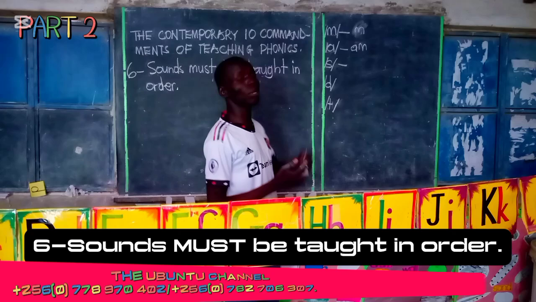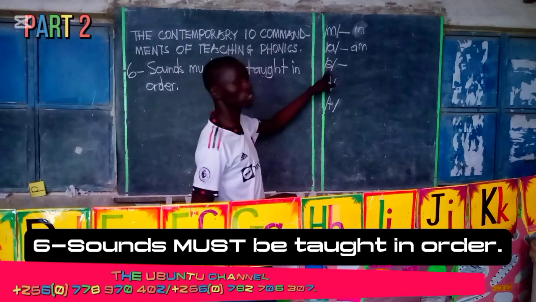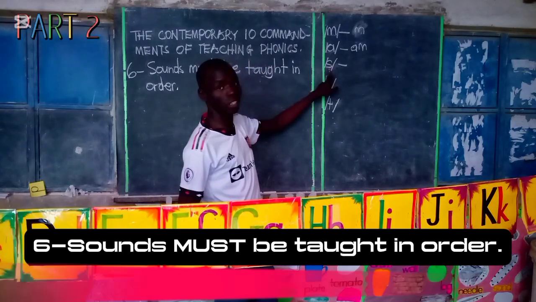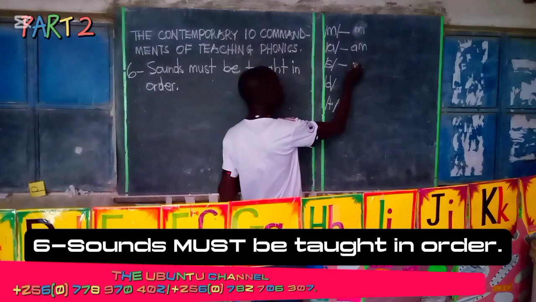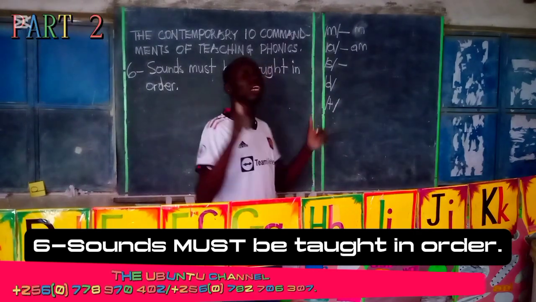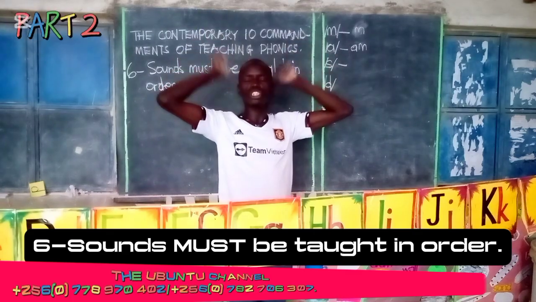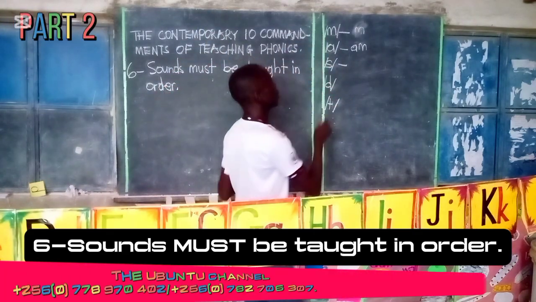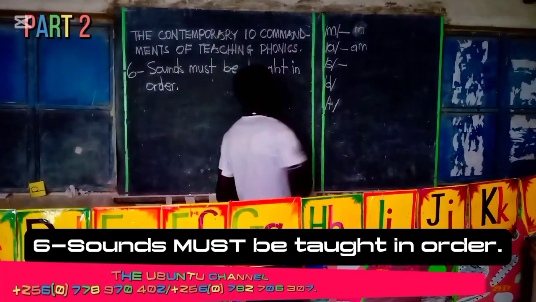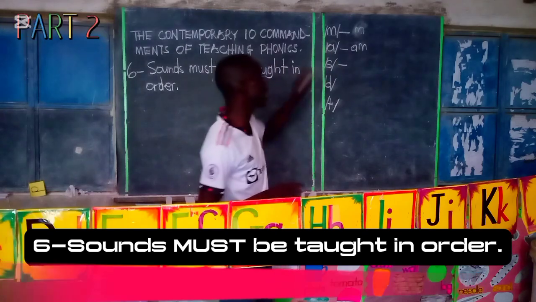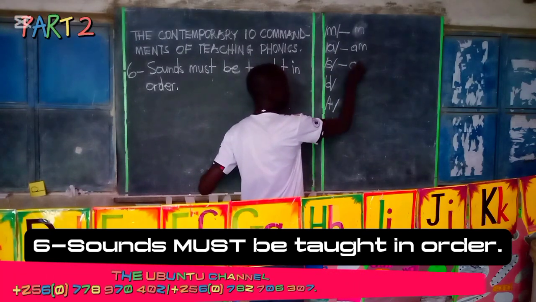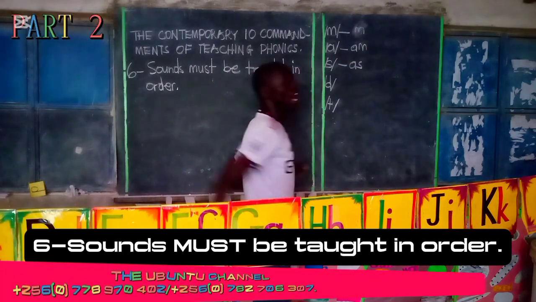For example, let me assume that today we are learning this one. The child will start reflecting the sounds that he or she has been taught. Like for example, the child may bring this, so the child will say as.